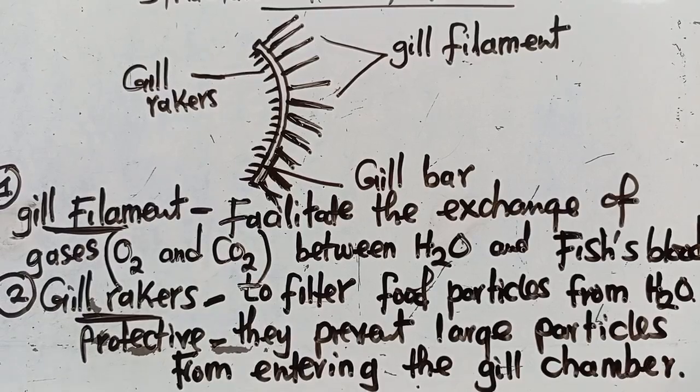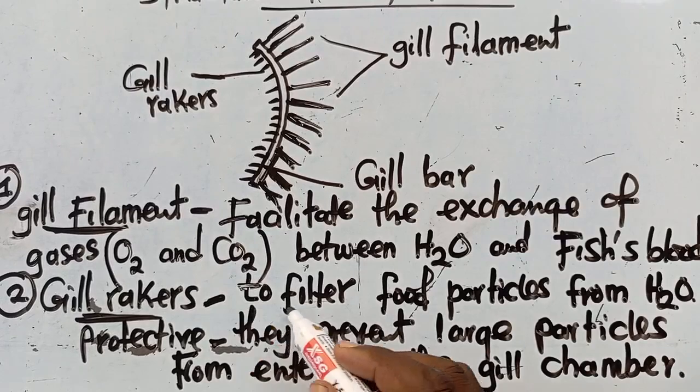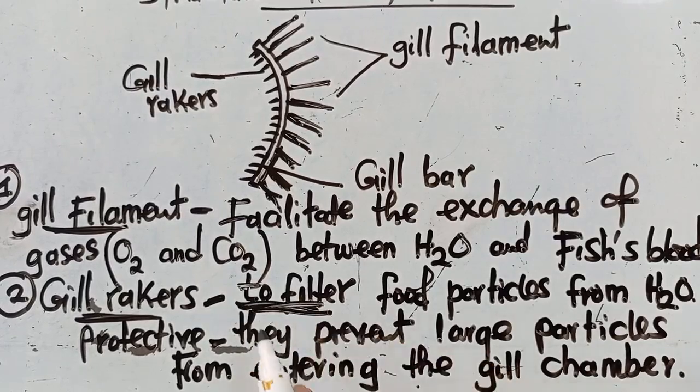So we've got two functions. The first function is the feeding function, where they filter food particles from water. They trap some small organisms as water flows over the gills.